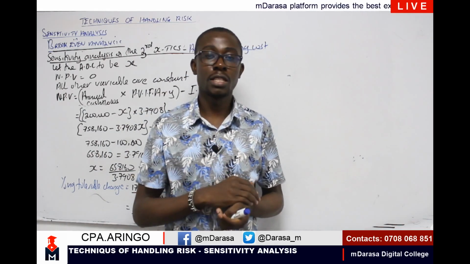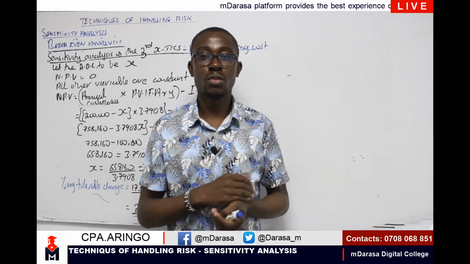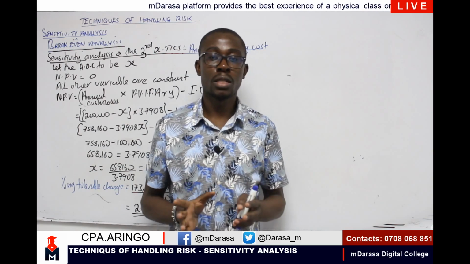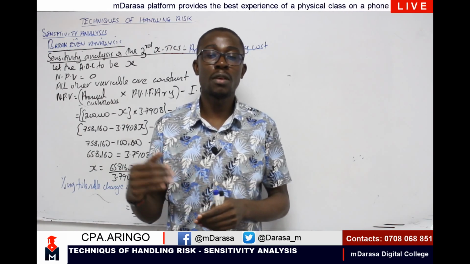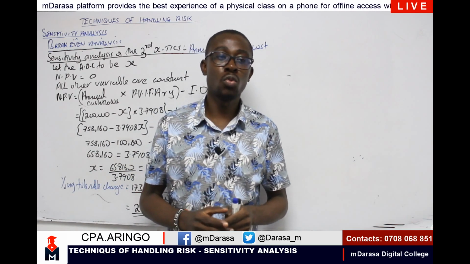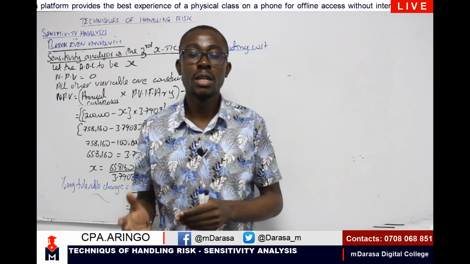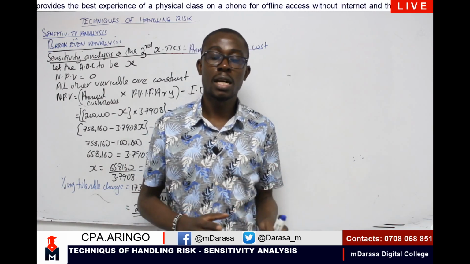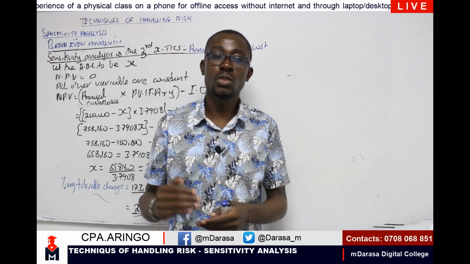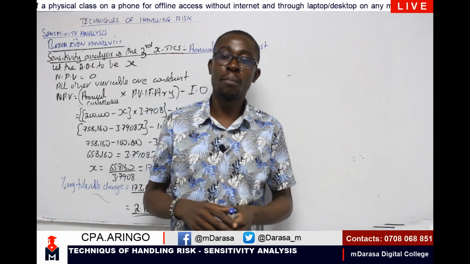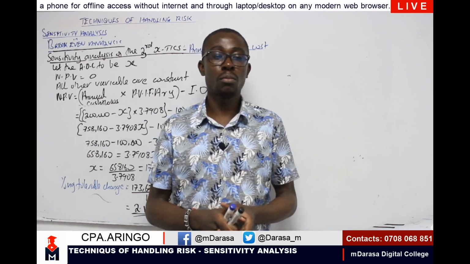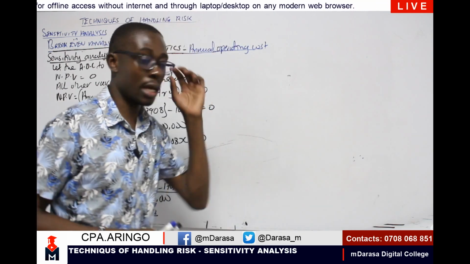Recall the basics of sensitivity analysis, whereby first of all it will be upon us to look at financial variables that will have an impact on our original NPV, so that at the end of the day we avoid generating a negative NPV. The whole idea is that we are going to be capped at a point where our NPV is equal to 0, and that is the concept of break-even point that we had looked at in our last class.